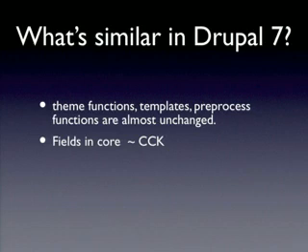And some other things that are similar: if you've done theming of CCK, we now have fields in core. From a CSS standpoint, this is not really a change, because we've been using CCK and Views in Drupal 6 for a while now.